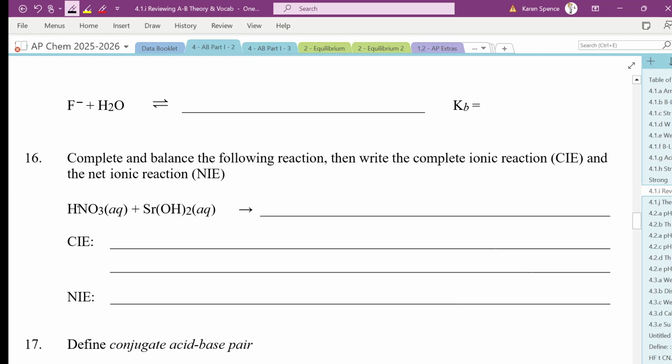So when we have a strong acid and a strong base, how would you predict the products of that reaction?